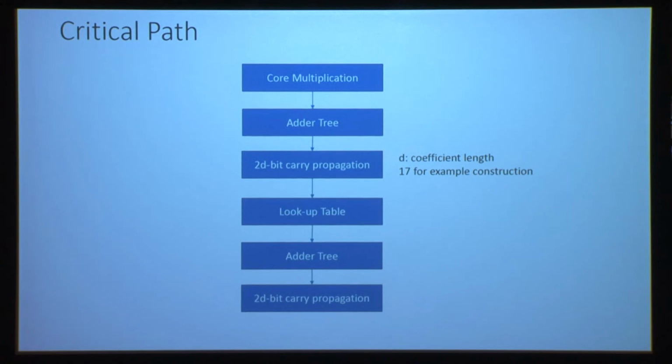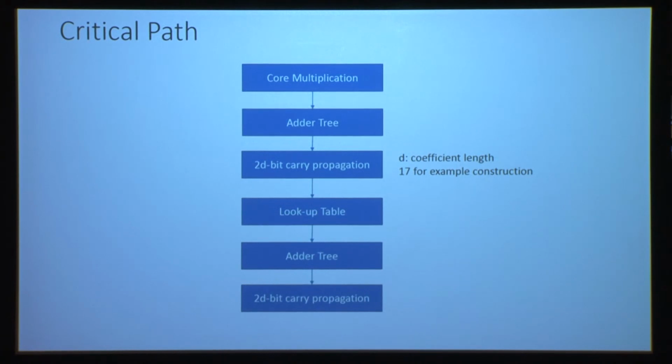And we have an adder tree. Adder tree, as far as I know, has log n circuit depth, close to log n circuit depth. We have a 2D-bit carry propagation. D is the coefficient length, and in this example, it's 17. A lookup table, in this example, has the worst case 9-bit read address.